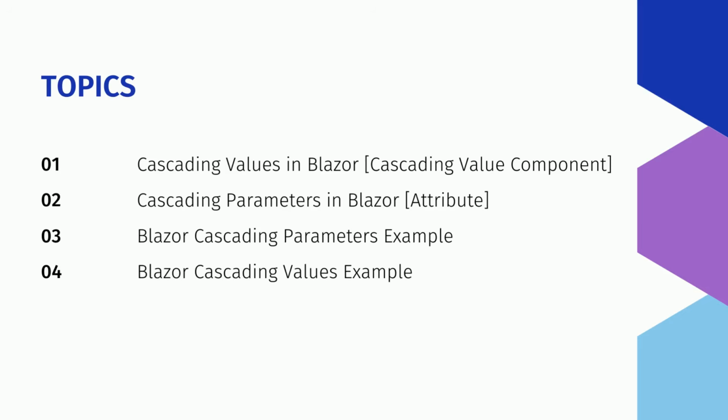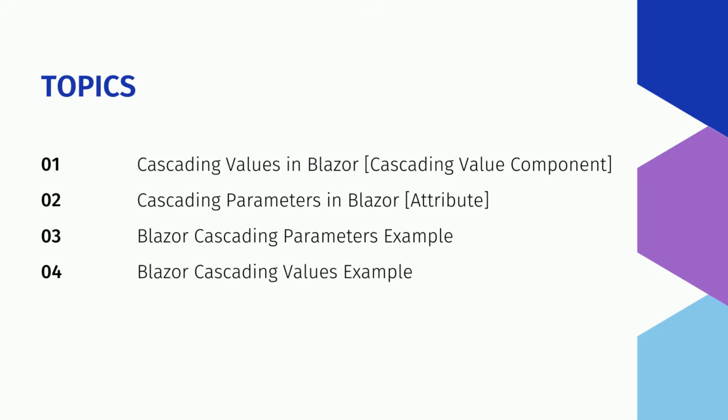So in this video, we will be discussing in detail 4 different points. The first one, cascading values in Blazor. So we will be covering the usage of the Blazor CascadingValue component. Then the second point, cascading parameters in Blazor. So we will be covering the usage of the Blazor CascadingParameter attribute.